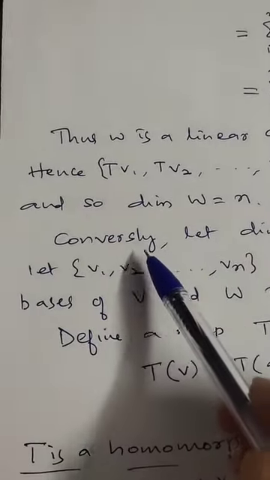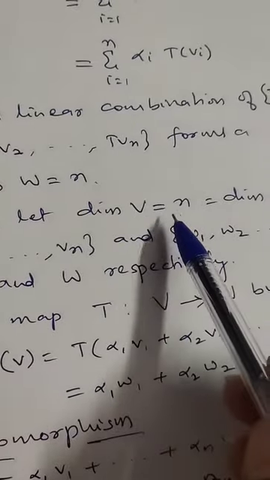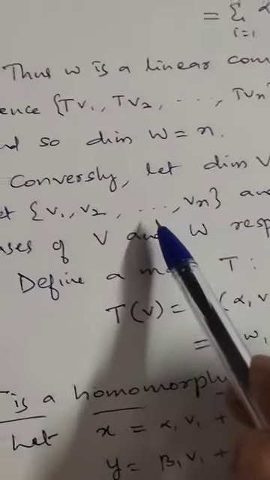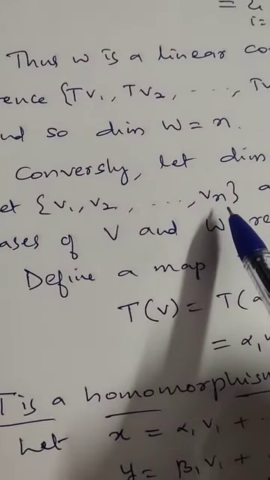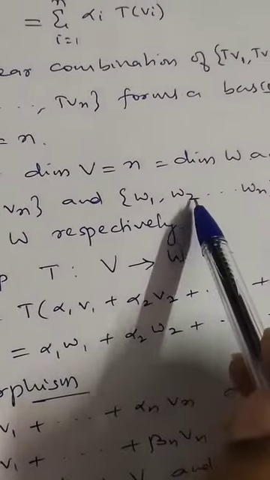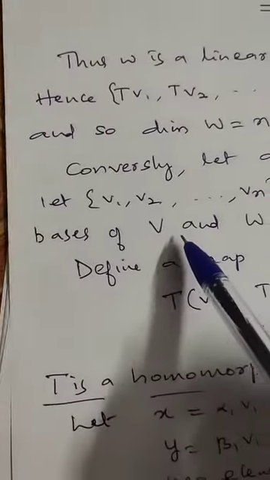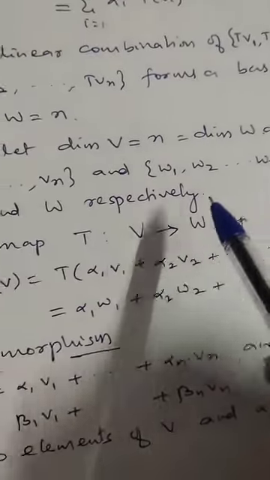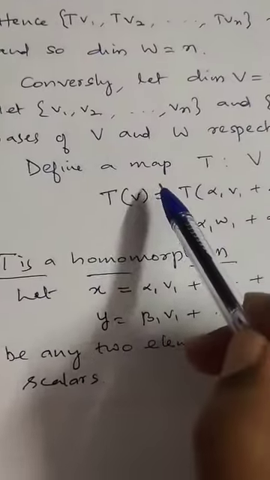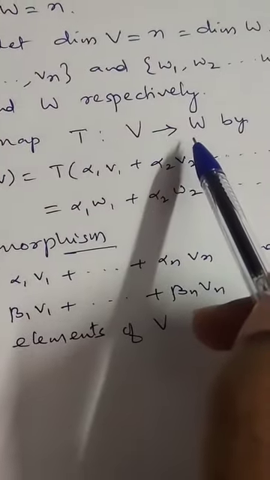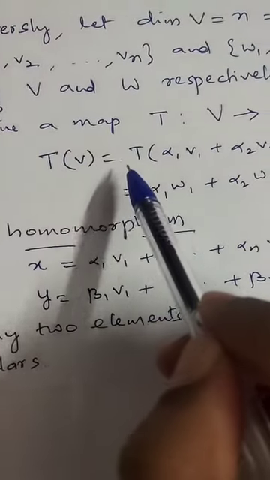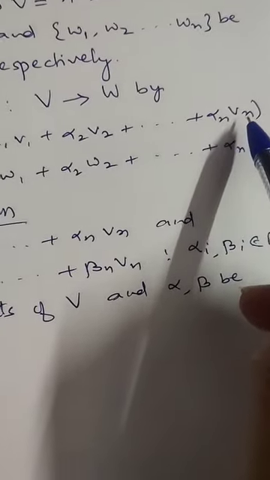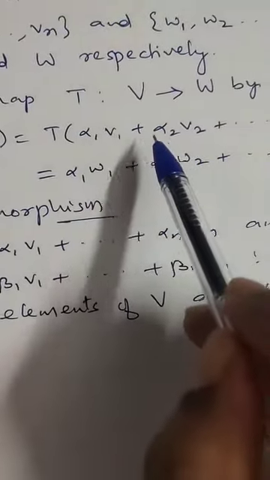Okay. Conversely, assume that the dimension of V is the same as the dimension of W, which is n. Let V1, V2, etc., Vn be a basis of V, and W1, W2, etc., Wn be a basis of W. This is a basis of V and this is a basis of W, and you define a map T from V to W by T of v, meaning T of alpha 1 V1 plus alpha 2 V2, etc., plus alpha n Vn, because these are the basis elements and v can be written as a linear combination of basis elements.